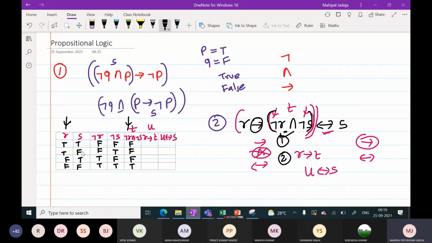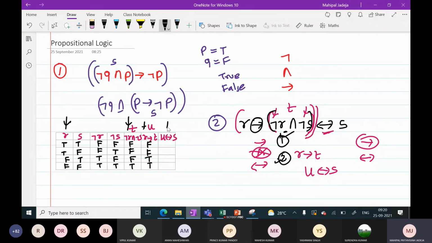The only case which I need to consider is TF. If TF is there, then my answer will be false, otherwise true. For the first two entries, TF is there, so my answer is false, and for the remaining two cases my hypothesis is false, so I won't care about my conclusion, straight away I will write down true, right? So I'm done with calculation of U, part 2 is also done.